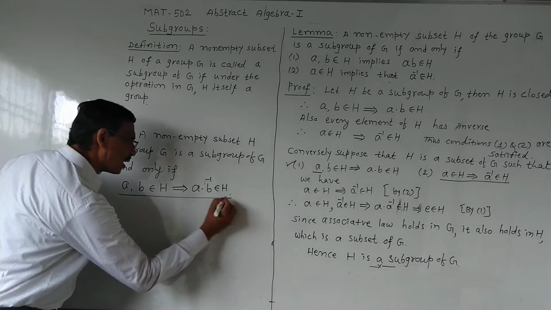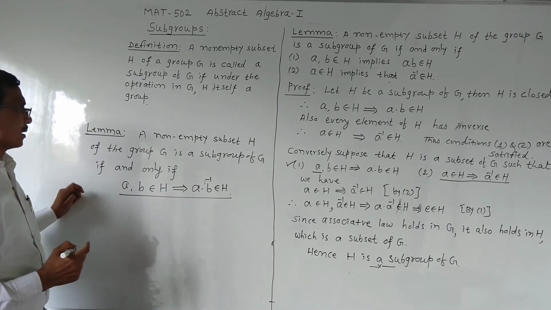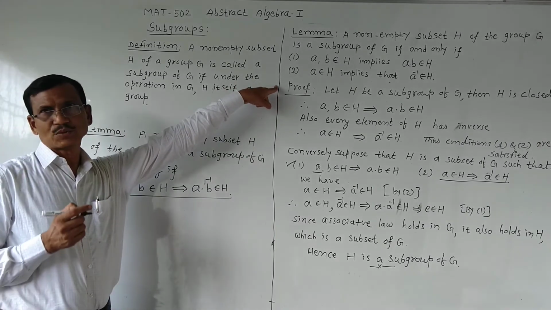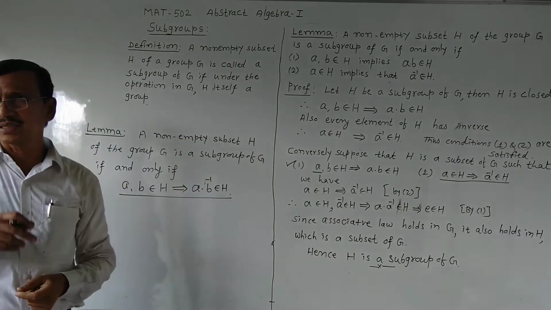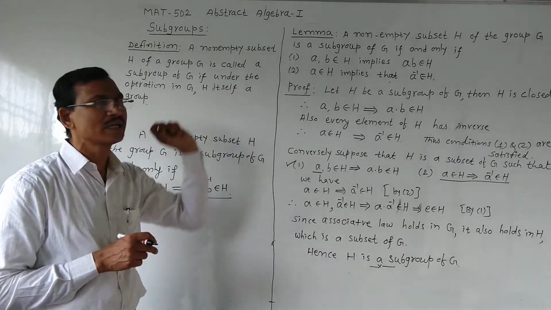We know H will be a subgroup of G if these 2 conditions are satisfied. That means if H is a subgroup of G, these 2 conditions must be satisfied.